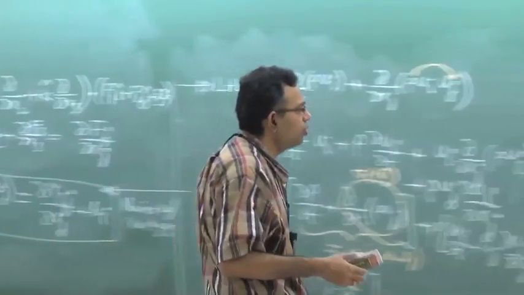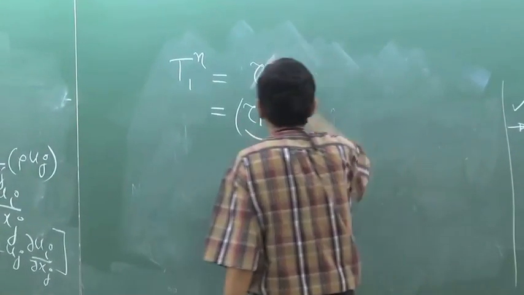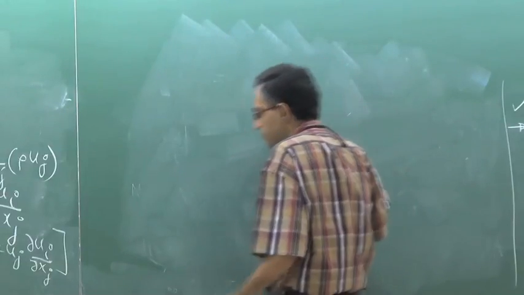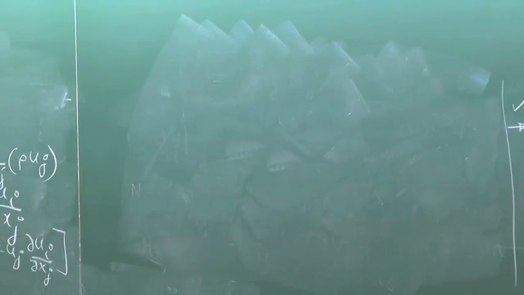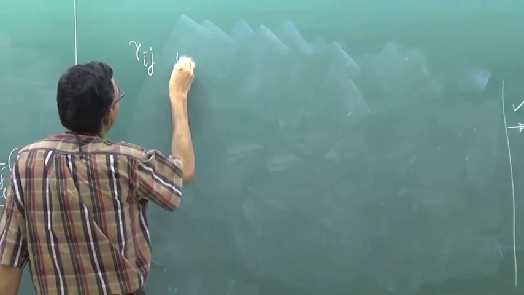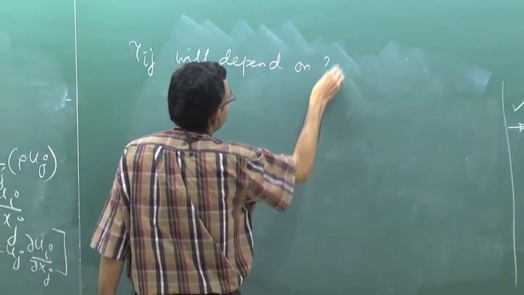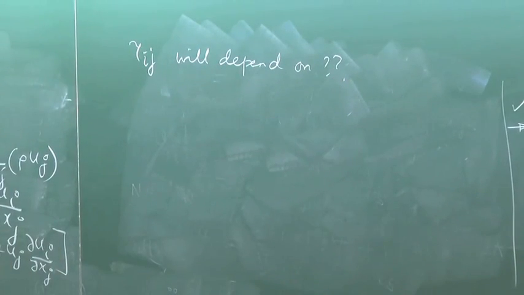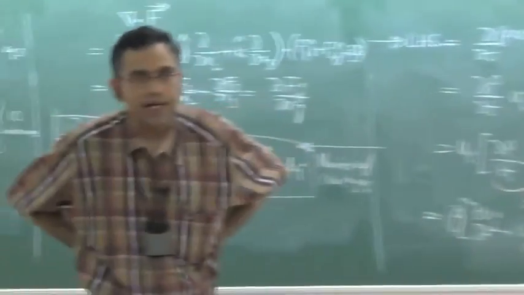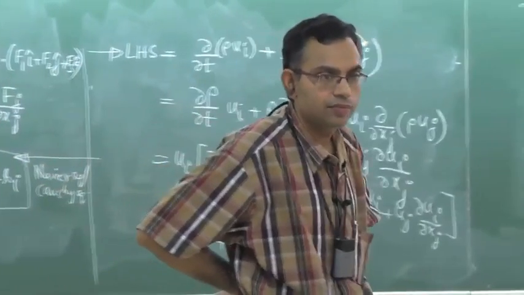So now we will go to the constitutive behavior. That is, tau ij will depend on what? In fluid mechanics, stress is related to rate of strain or rate of deformation, right?